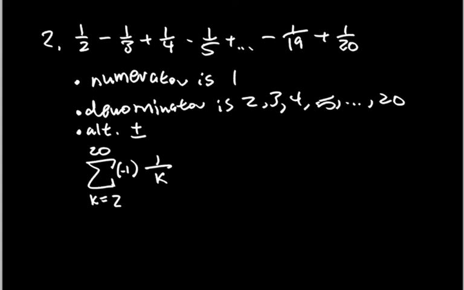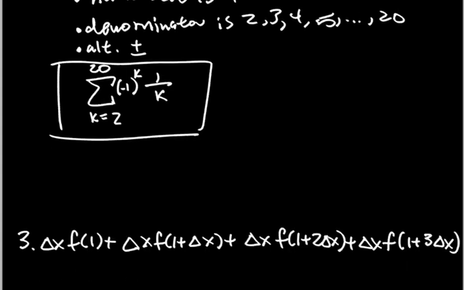And if we want the even powers to be positive, then we want this to be -1 to some even power. So if k starts at an even power, we can just make that k. Because if you think about it, -1 to the k power, if k is 2, this is going to be positive. So that gives us positive 1 over 2. And then if we go to 3, then -1 to the third power is -1 times 1 over 3. So we get minus 1/3. And the same pattern is going to just go throughout until we get to k equals 20.